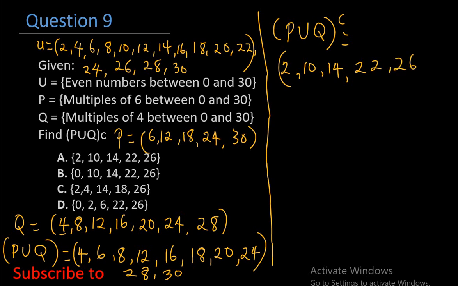I think that's all. So (P union Q) complement is just the numbers in the universal set that are not in P union Q. So the answer is 2, 10, 14, 22, 26, which is A.